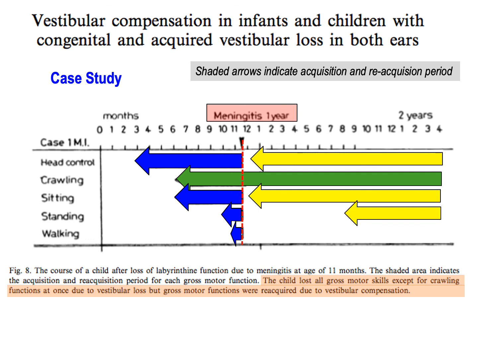Standing, however, they did not reacquire until approximately 8 months following the meningitis. And although they were an early walker at 10 and a half months of age, they didn't reacquire walking until about 2 years of age.